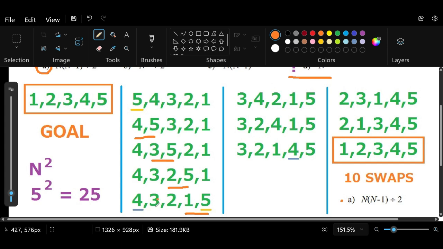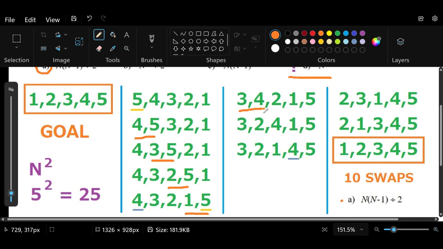But we know that we are not yet done because our goal is to get 1, 2, 3, 4, 5. So the next question would be, we start back to the leftmost and ask, is the number to the right of the first element less than 4 in this case? And we say yes. So that's why we get 3 and 4 in this way.